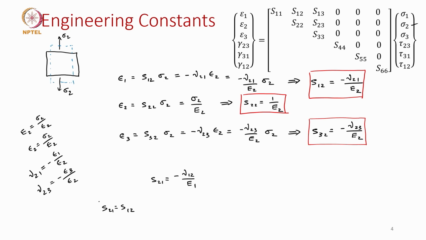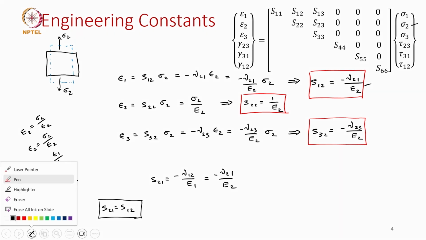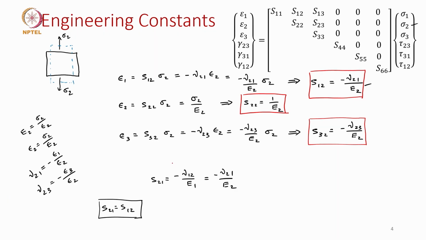So, since we know that it is a symmetric matrix, we should be able to write this, from here, as minus nu 21 by E2, and this is a very important observation. Let me show it in a box.